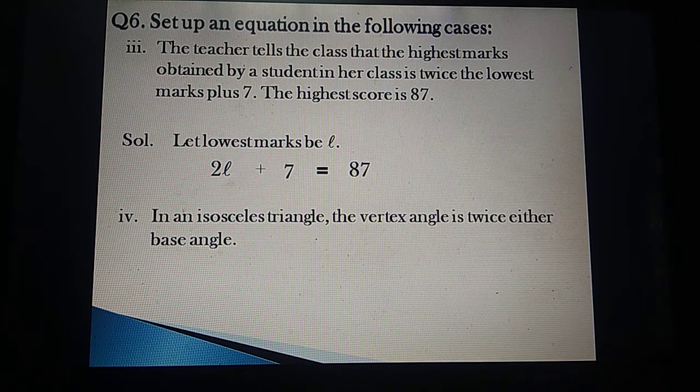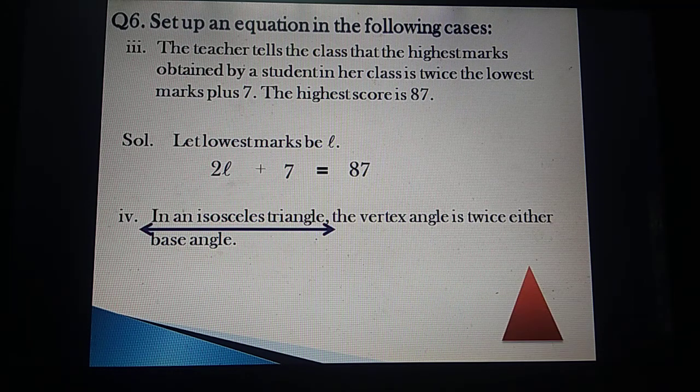Moving to the fourth one. In an isosceles triangle, the vertex angle is twice either base angle. Now first, what do you mean by an isosceles triangle? Yes, an isosceles triangle means a triangle where two sides are equal.